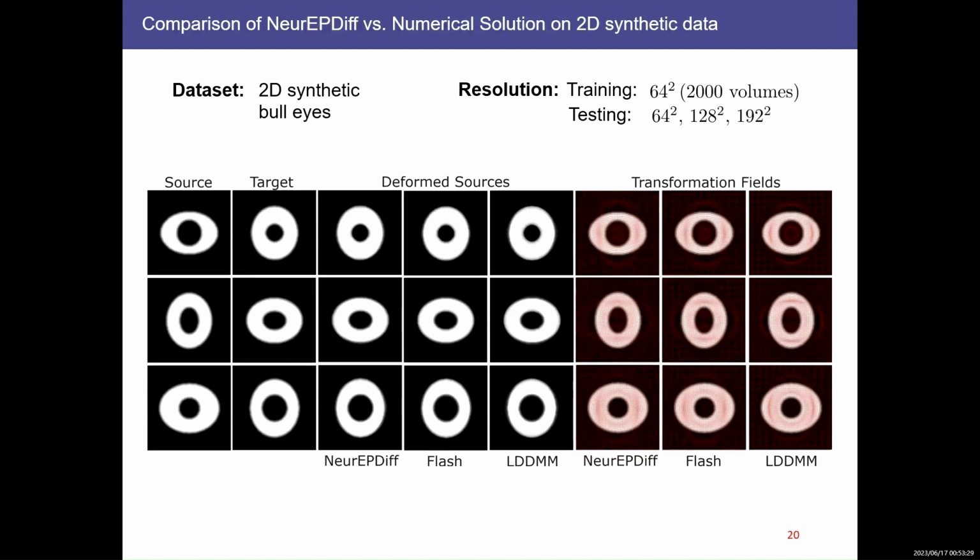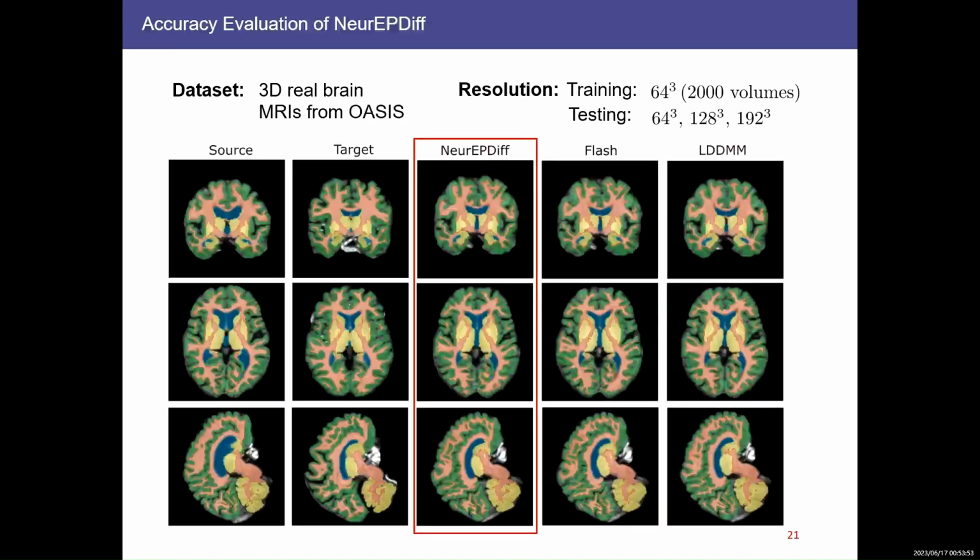This slide shows the registration results on images with the size of 192 squared. We can find that even though our model is trained on a low image resolution, the predicted results are fairly close to the estimates from registration algorithms of both Flash and LDDMM on higher resolution.